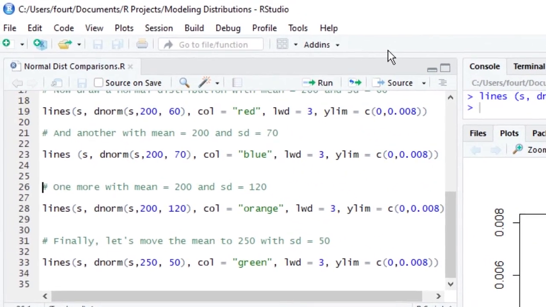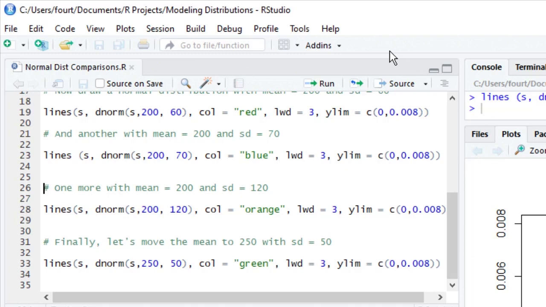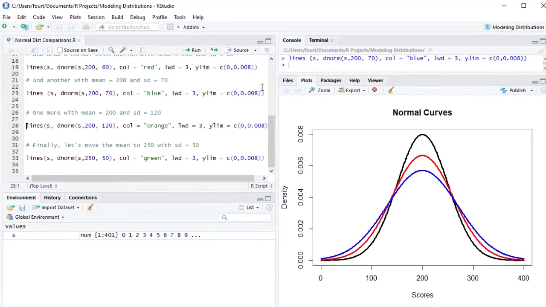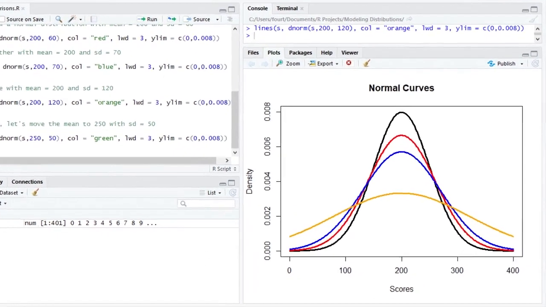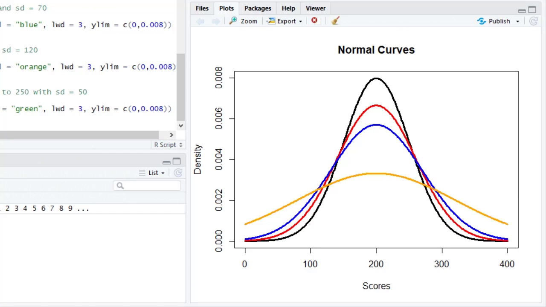Let's get real wild and create one more with a standard deviation of 120. I'll make this one orange. There are quite a few more scores that are further away from 200 than in the first three distributions.